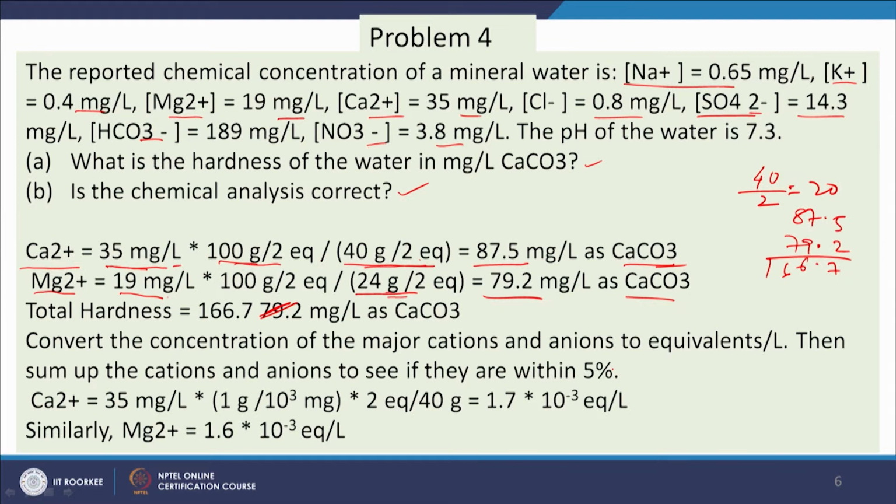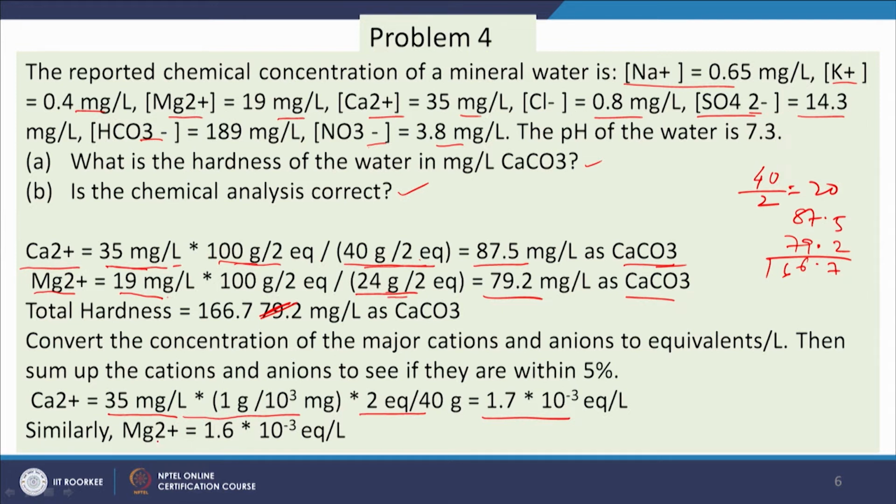So, we have here Ca 2 plus as 35 mg per liter. We divide it by 1000, so it will be gram per liter, then multiply it with 2 equivalents per 40 grams. So, that is equal to 1.7 into 10 to the minus 3 equivalent per liter.